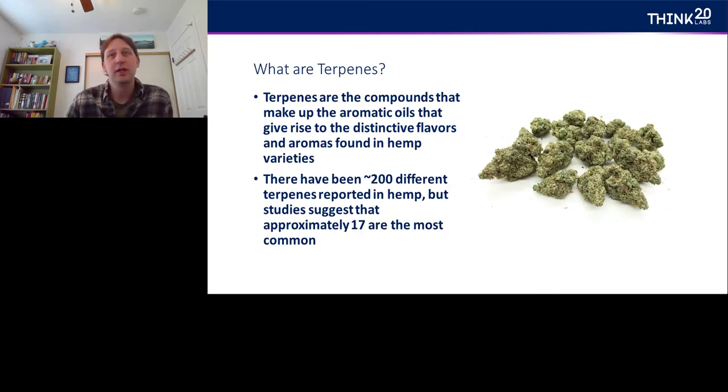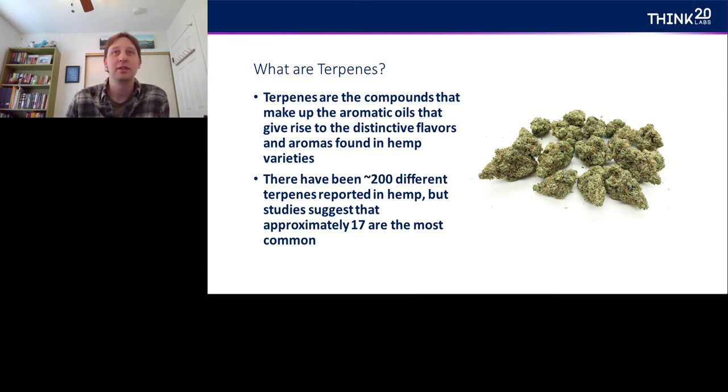Before we get into how we analyze these compounds, I'm going to talk a little bit about what terpenes are and how they relate to the hemp and cannabis experience. Whether you know it or not, you've probably interacted with terpenes a tremendous amount in your life. Things like pinene are found in cleaners.